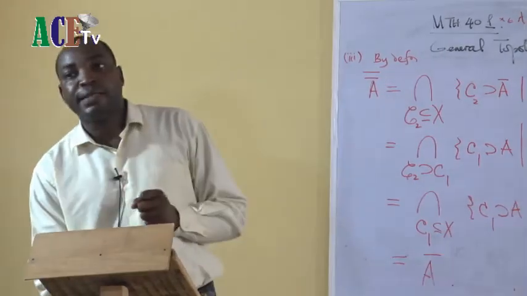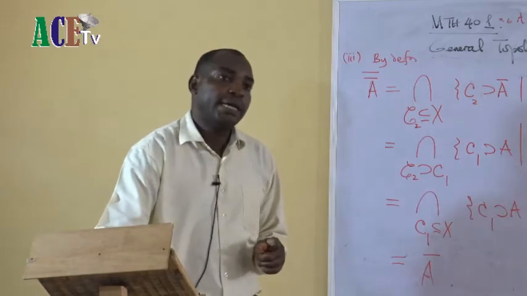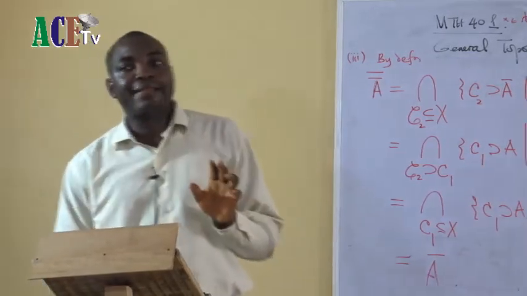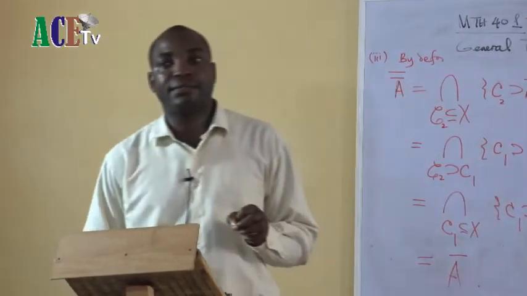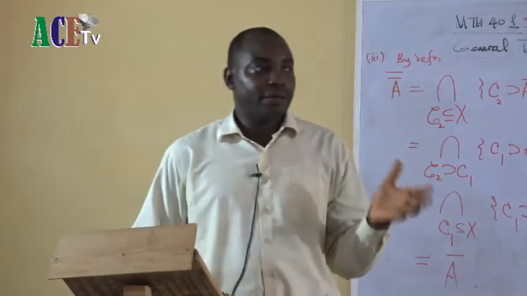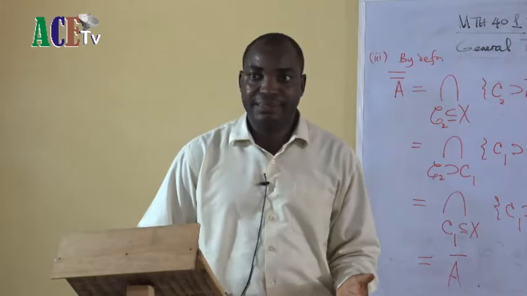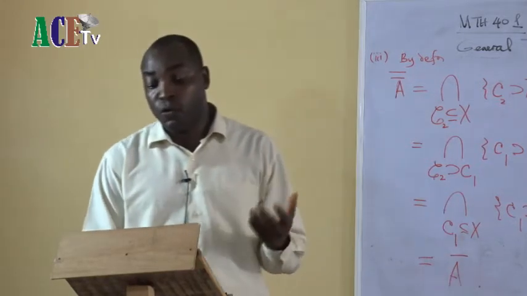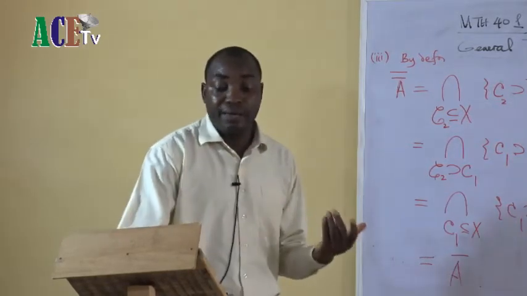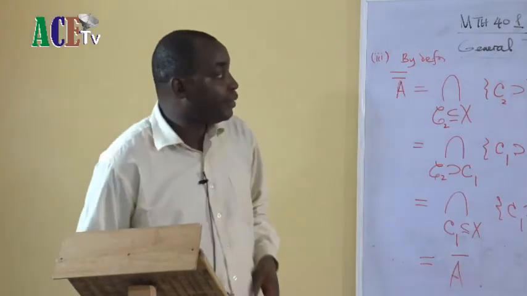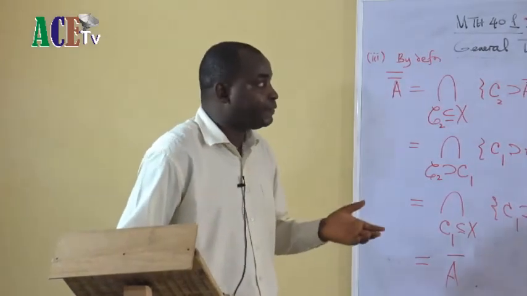Another thing we need to know, a set has some characteristics. You can view a set based on its size. You can also view it based on what it contains.